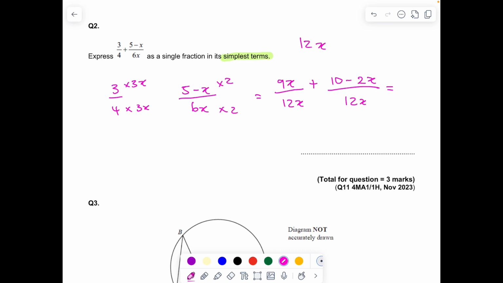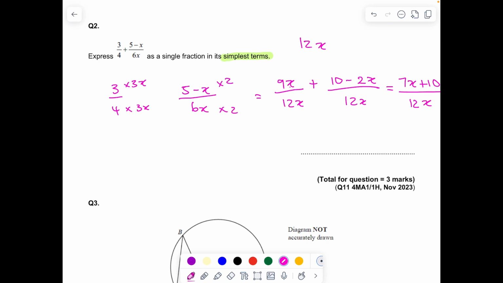So then I put them together, so I've got 9 take away 2x, which is 7x, and then I've got the plus 10. And then it's all over 12x. I don't need to simplify there. There's nothing else to simplify there.